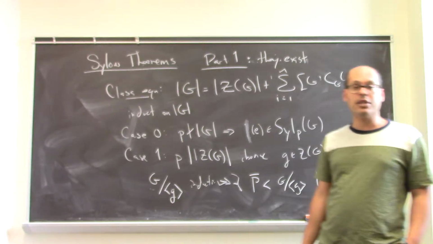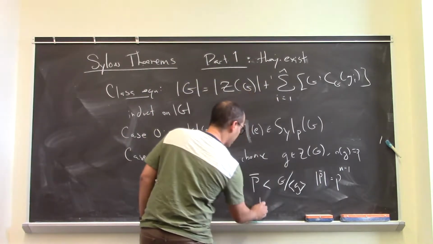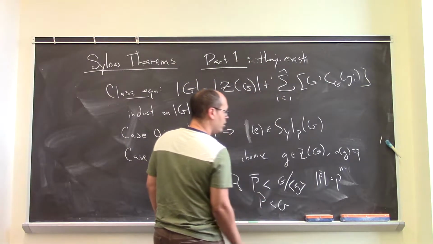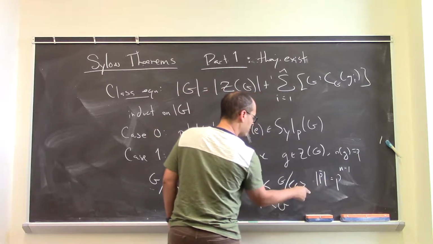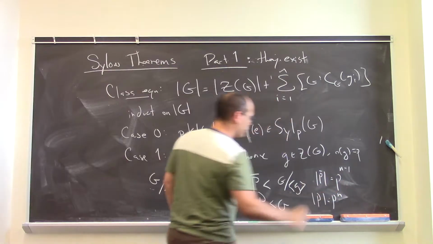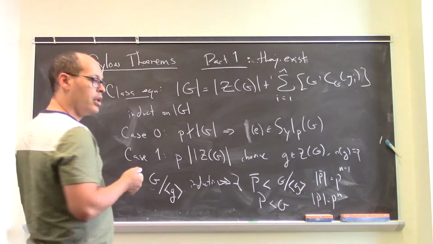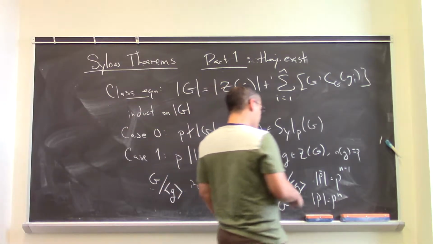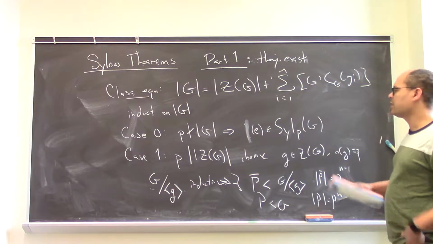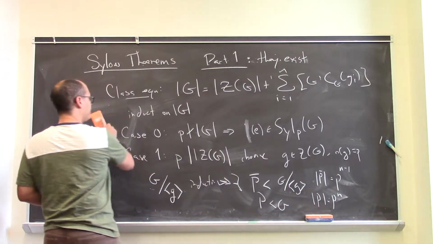But by the correspondence theorem, such a P bar corresponds to an actual subgroup P in G, whose order is this times the order of that. And so, boom, P is therefore a p-Sylow subgroup. Okay, so that's the case where p divides the order of the center, and all we have to do now is where p doesn't divide the order of the center.